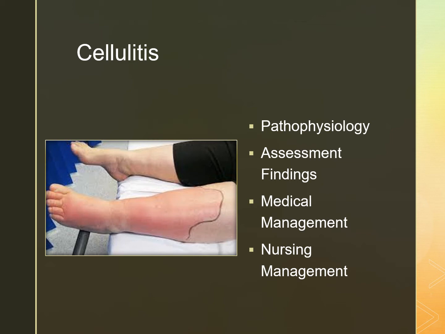Cellulitis is a common bacterial skin infection that causes redness, swelling, and pain in the infected area of the skin. The bacteria get into the body through small openings in the skin. Those openings may be very, very minuscule and difficult to see.